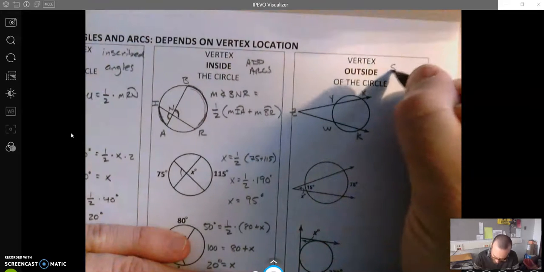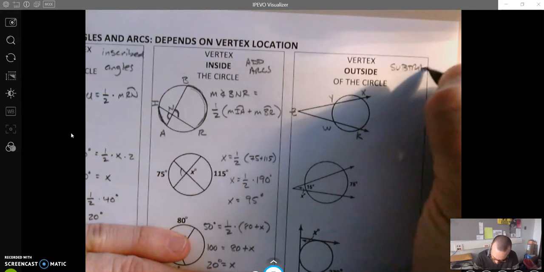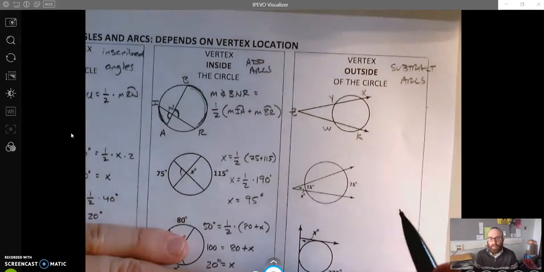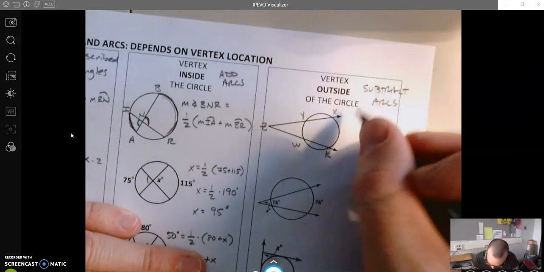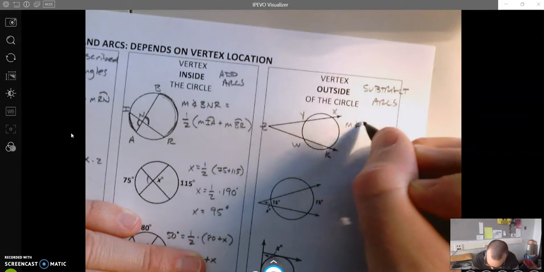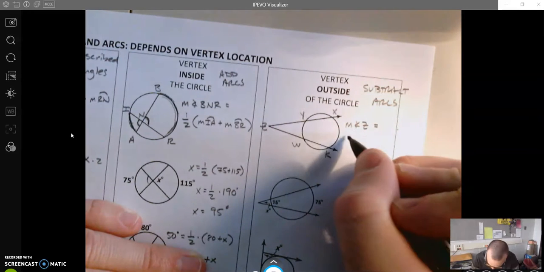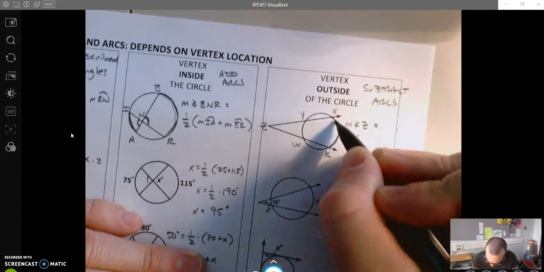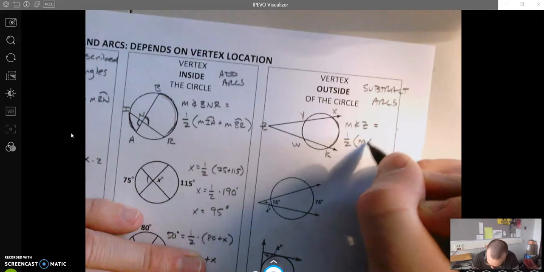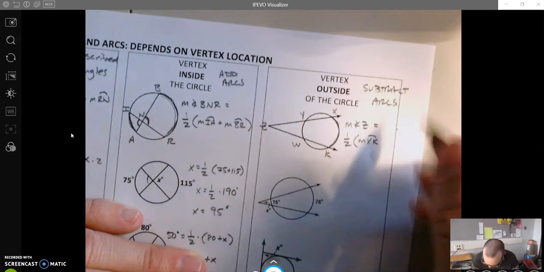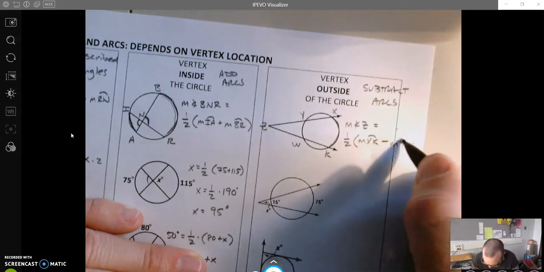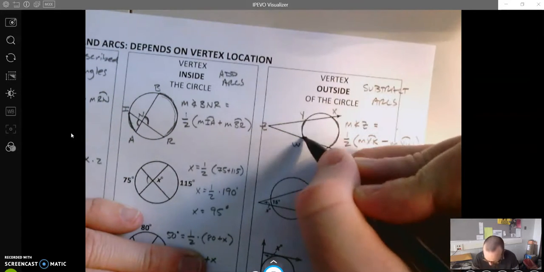When it's outside, we're going to subtract the arcs. The measure of angle Z is equal to 1/2 this bigger arc right here, measure of arc XK, minus the measure of arc YW, the smaller arc right here.